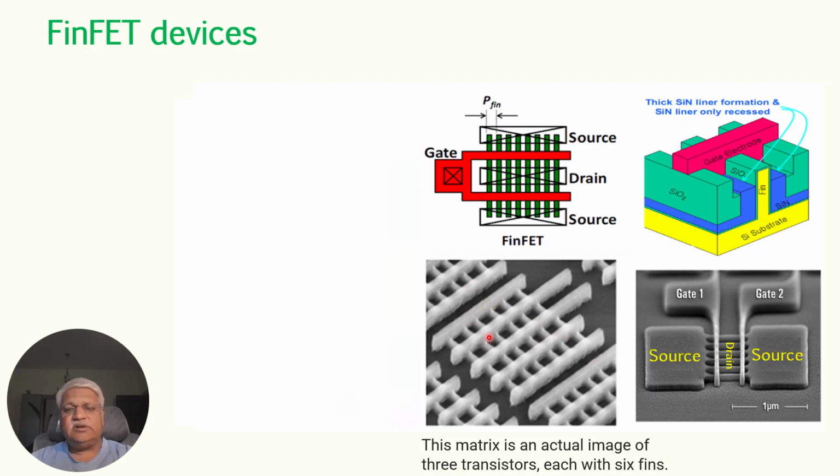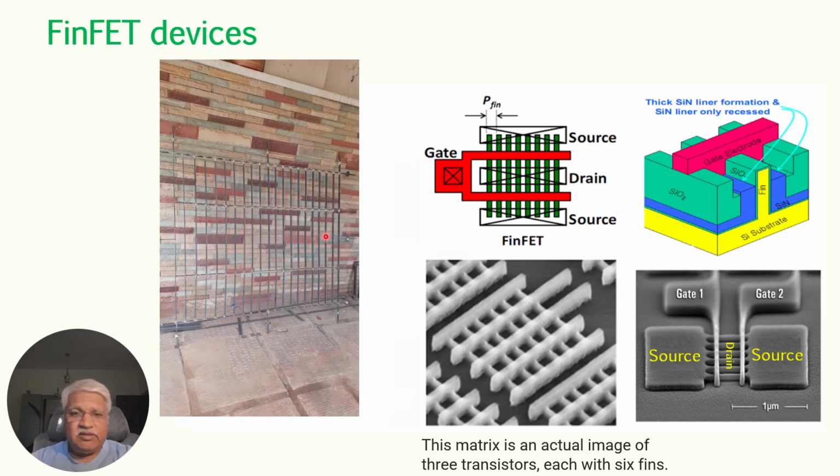This is the scanning electron microscope, and here is one more way of showing it in a 3D manner. Recently, when I was going through my complex, I figured out this iron mesh, which they want to use as part of a grill. When I saw this one, it has a very close resemblance to this. I'll show you how.